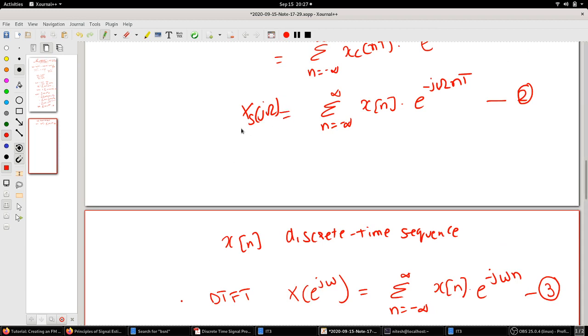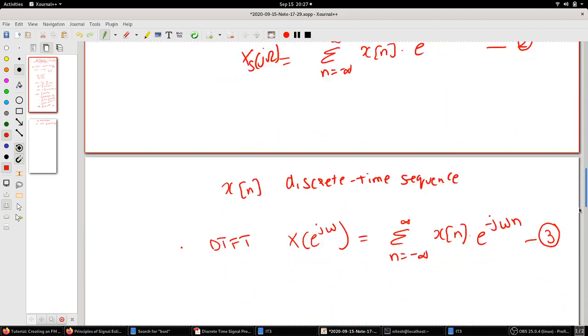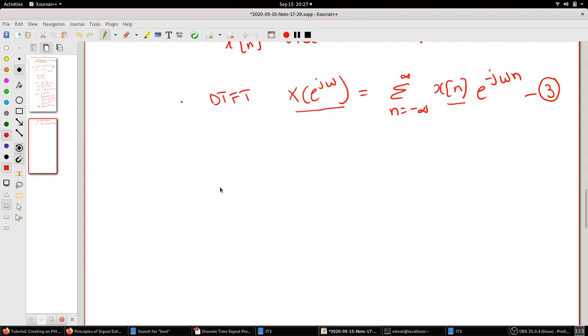For Xs of j omega, which is this here, to be equal to X of e raised to j omega, which is the discrete time Fourier transform of x of n, I know that my omega has to be equal to omega T.